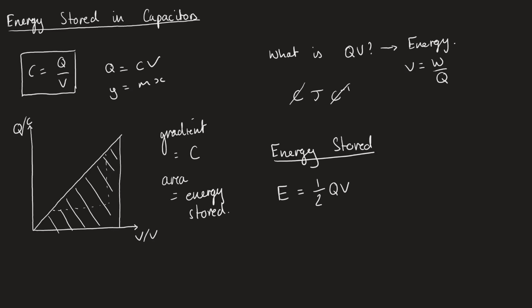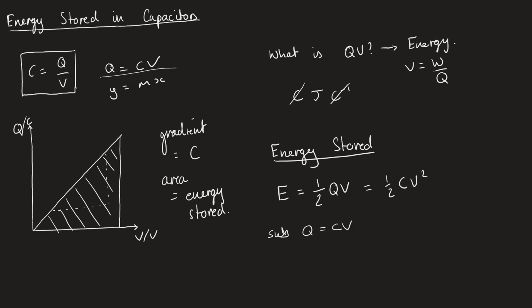And so if I just want to get it in terms of V, I can substitute the fact that Q is actually equal to CV from earlier. And that leaves me with a half that stays the same, and I have a C, and I have this V times this V, so I have a half CV squared.